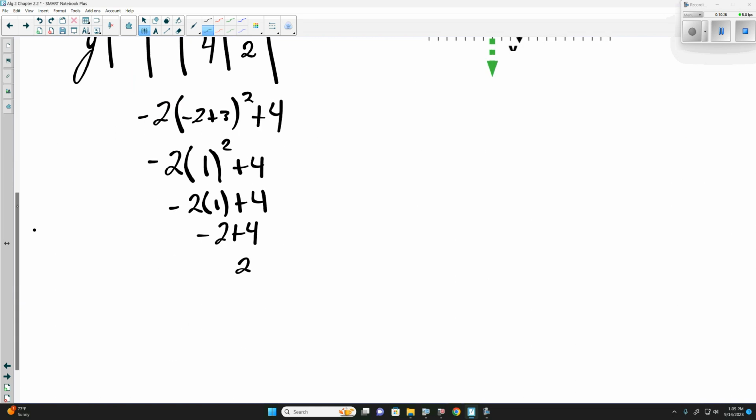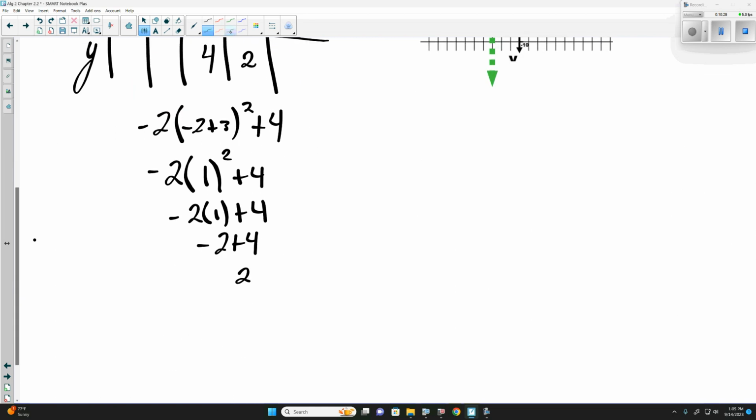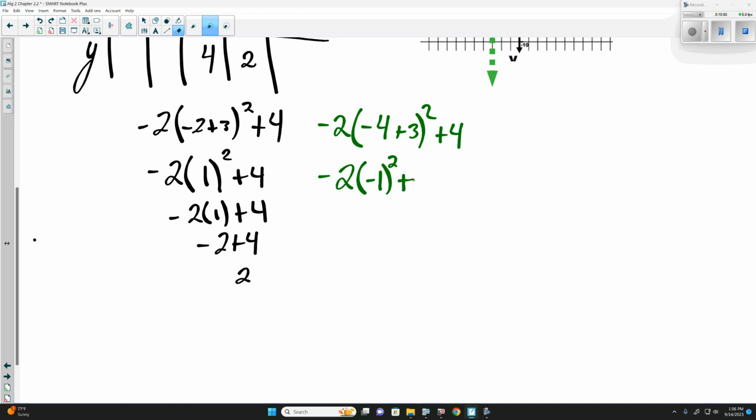One thing that's very interesting is that if we pick the next point, this time to the left, which was our, not -3, it's -4. Because we know -3 gave us the vertex. Now, if we look at this here, -4 plus 3 is -1 squared.